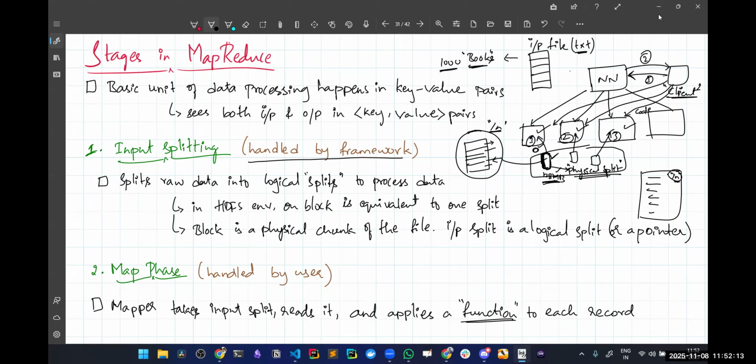That's how the input splitting happens. When map reads this, it reads in parallel. Each block will be read in parallel in different machines. That's how input splitting works.